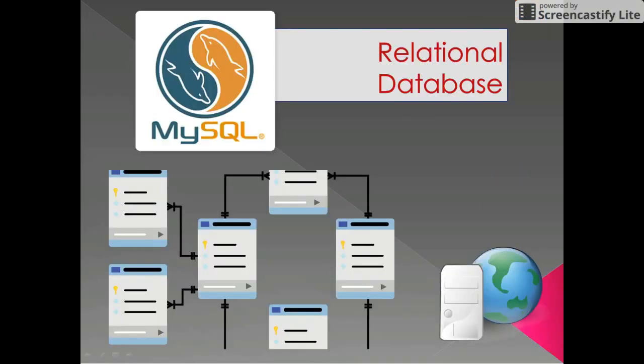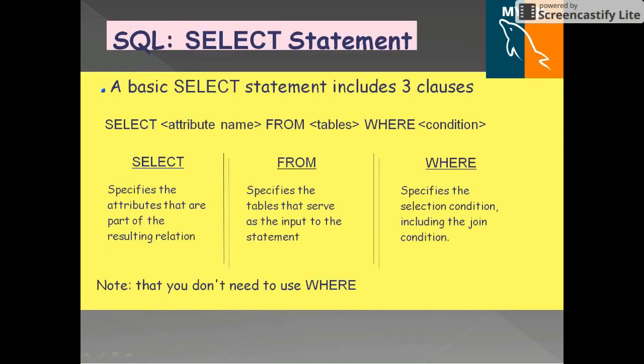Welcome back. Now we are moving towards the select statement. A select statement includes three types of clause: select, from, and where. The select statement is actually used to retrieve information from a table based on certain constraints or certain requirements.